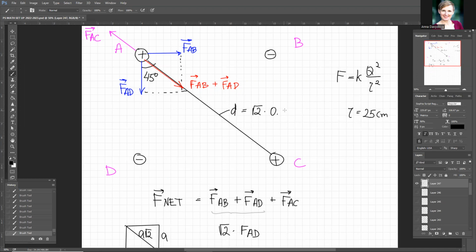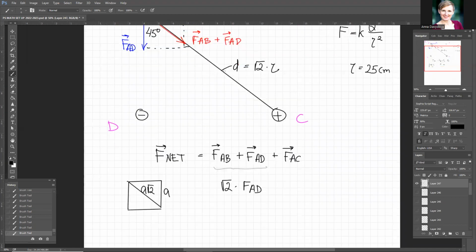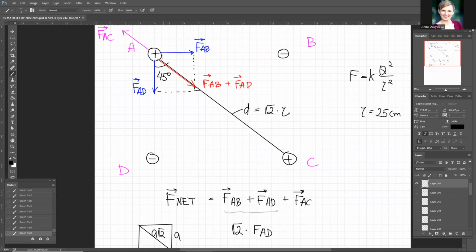Can't use 25, so I'll just put R. So this distance between A and C is √2 times R. I'll carry on with this knowledge. Now I don't know which way my final vector is pointing, so I'll introduce an x coordinate along the diagonal, pointing this way as I'm choosing. If my result is positive, that's where it's pointing.